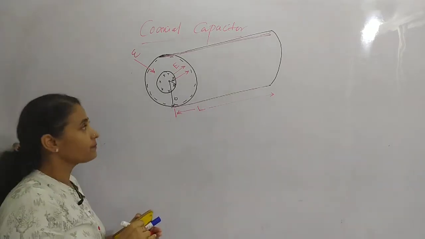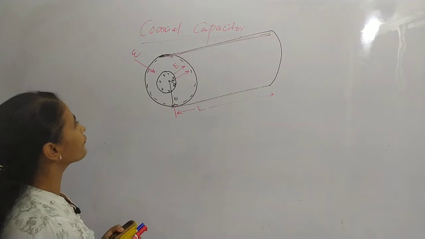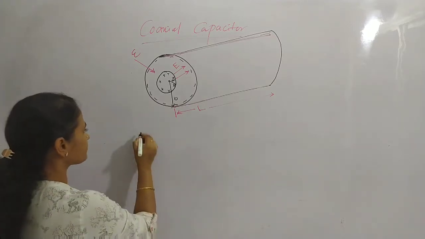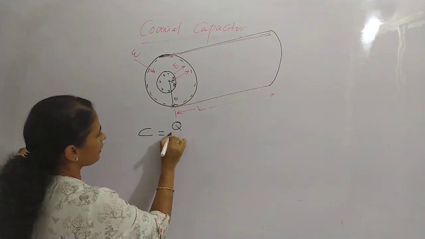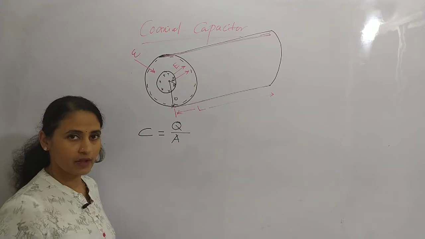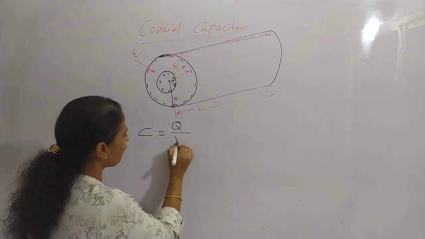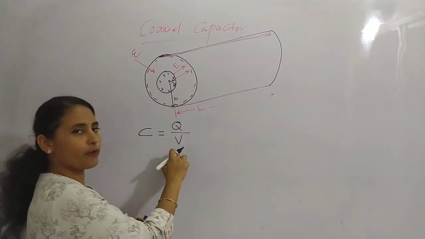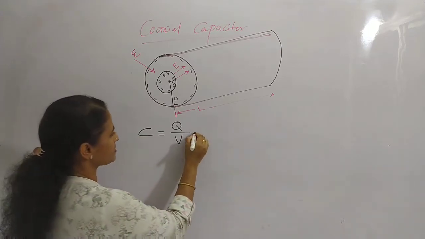Now we are supposed to find the capacitance of this type of capacitor, the coaxial capacitor. The capacitance C is given by Q by V. Let us find Q first, then the potential V, and substituting both values we can obtain the capacitance of the coaxial capacitor.